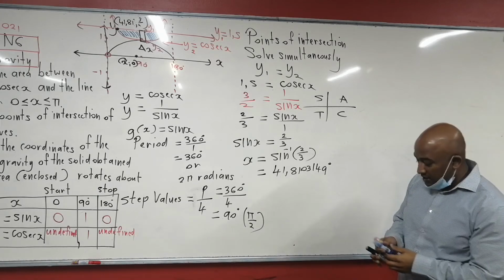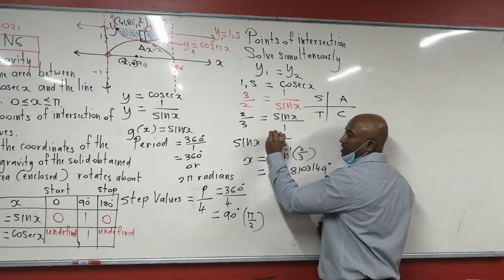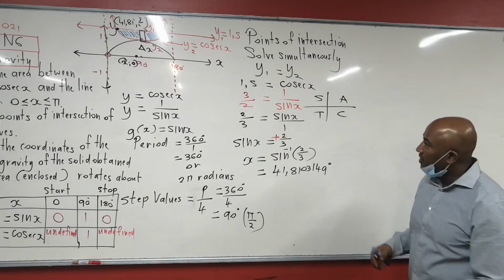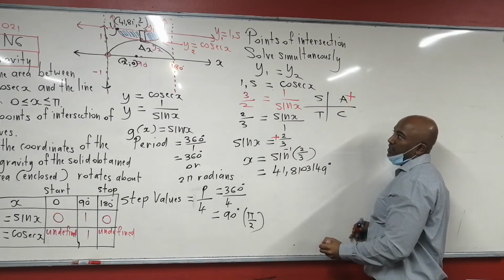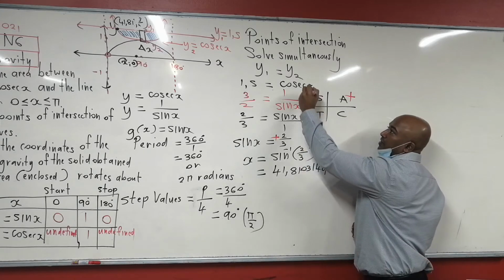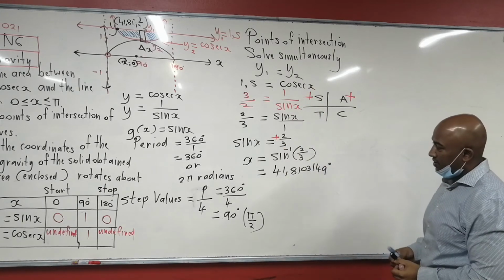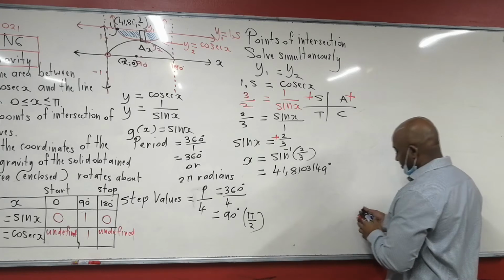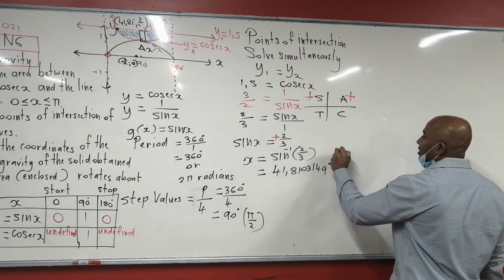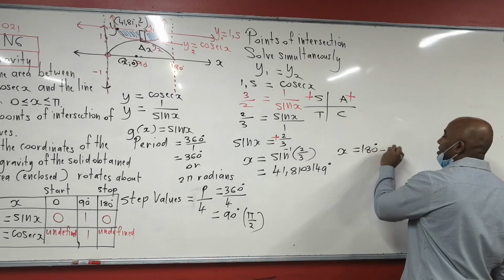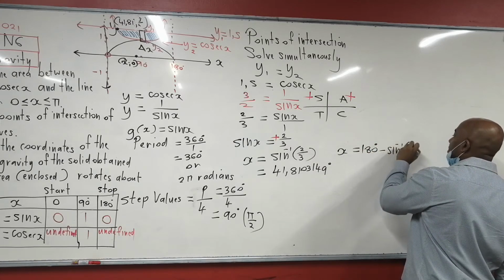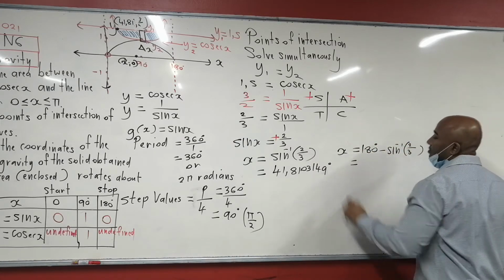Sine is positive. This is a positive number. There's no sign, it's positive. So sine is positive in the first quadrant. Where else is sine positive? Second quadrant. Okay, so in the second quadrant, x will equal to 180 minus inverse sine 2 over 3.